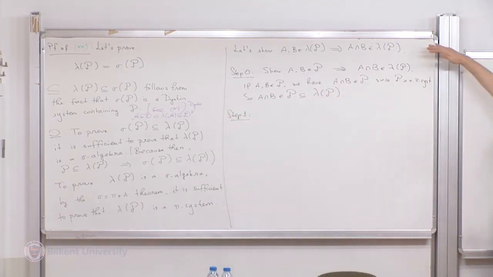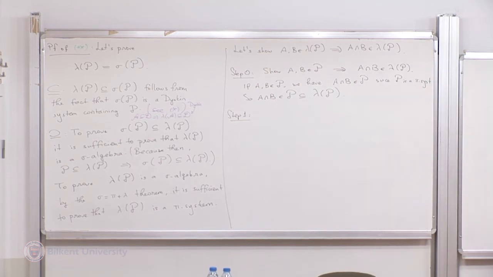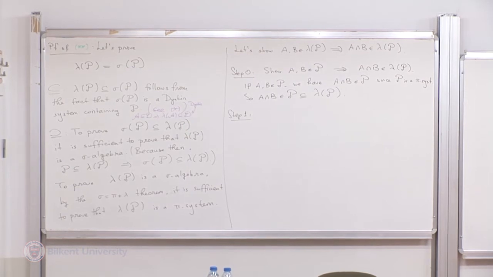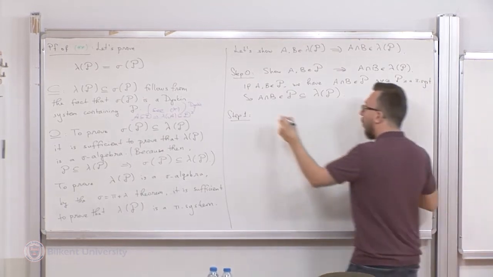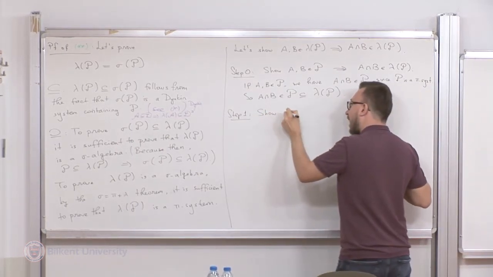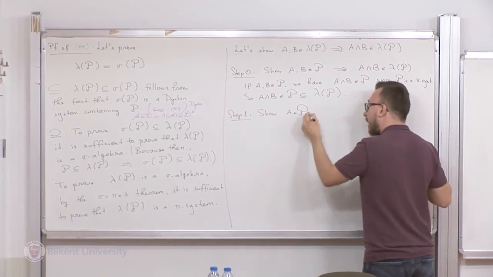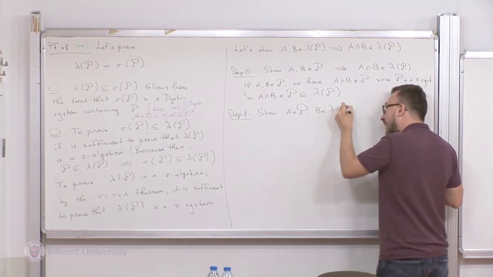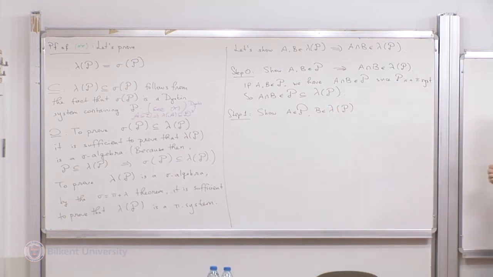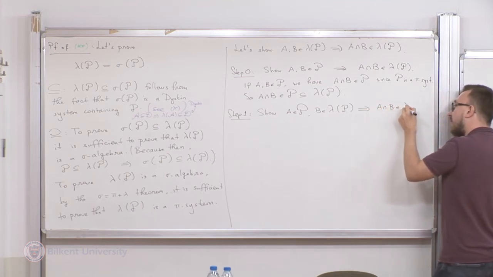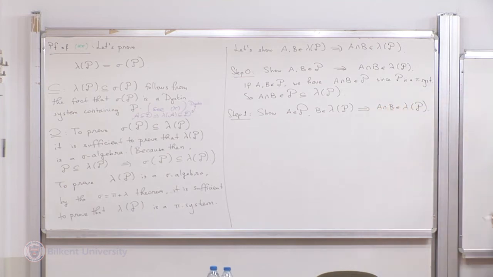Step 1. I'm not going to pass to the general case directly. What I'm going to do is to fix one set in P and play with the other one. So show A in the pi system, B in the Dynkin system generated by the pi system, implies their intersection is in the Dynkin system.